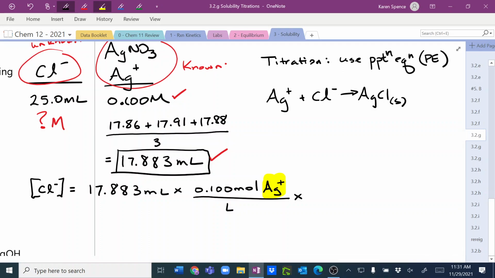So we have our one-way arrow, and we have our solid on the right. You could write it this way, or you're also welcome, if you wish, to write it like this, sort of a mix and match. It's neither formula equation nor net ionic equation.